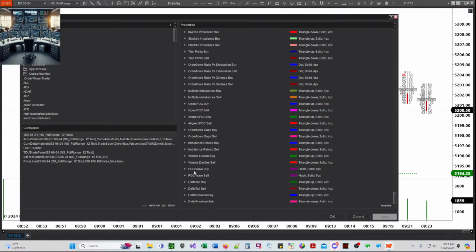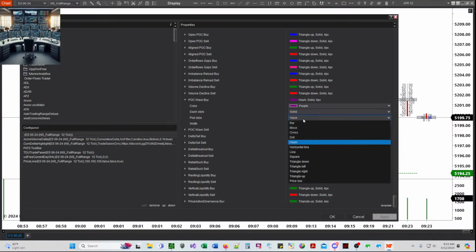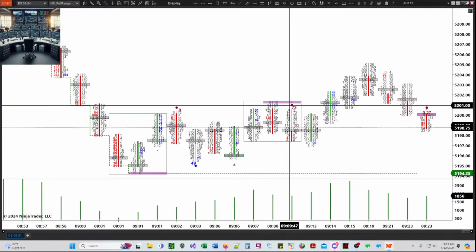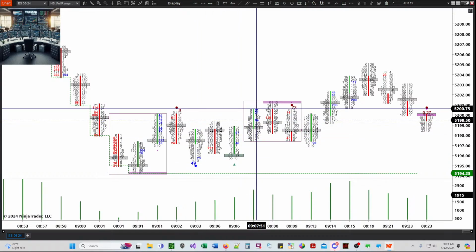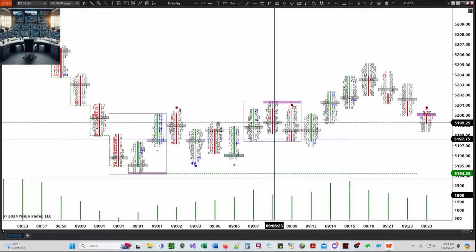So I went down to the POC wave, and in this section it has plot style. You might want to change it to a hash, a dot, or a square. That is on you. But for every signal I have something different as the plot style, and I have colors on both the buy and sell side.